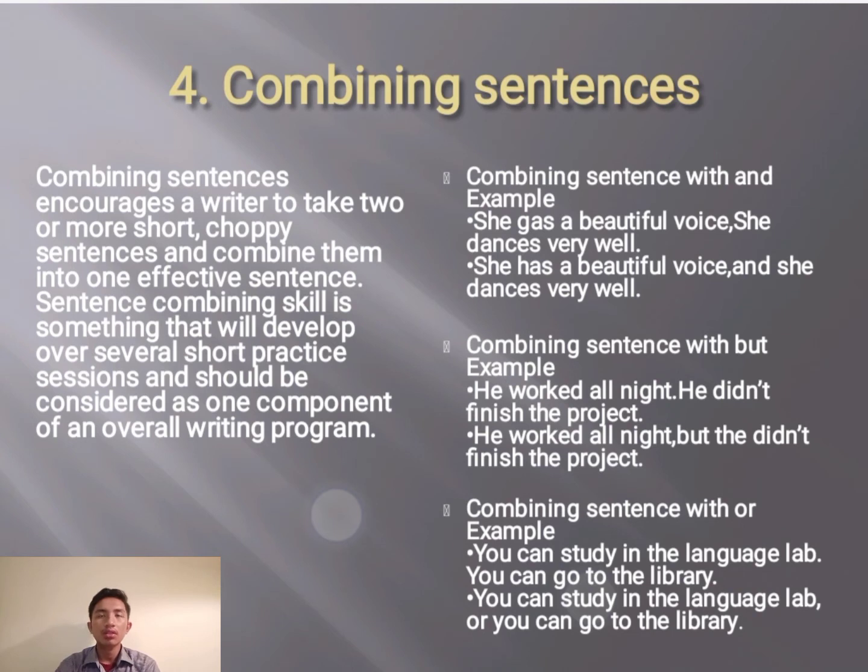Combining sentences encourages a writer to take two or more short, choppy sentences and combine them into one effective sentence. Sentence combining skill is something that will develop over several short practice sessions and should be considered as one component of an overall writing program.